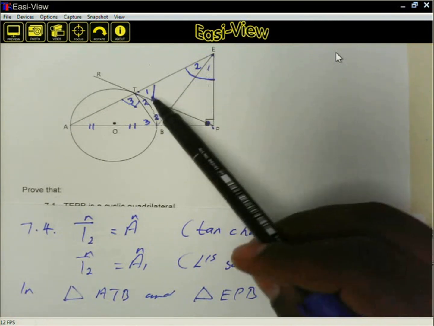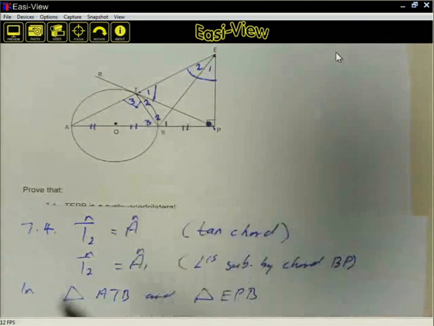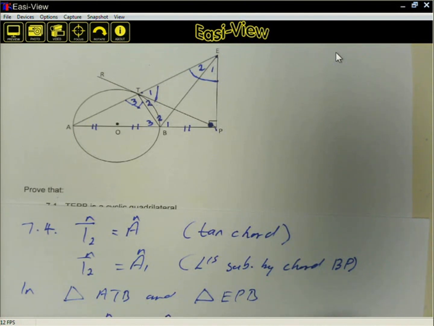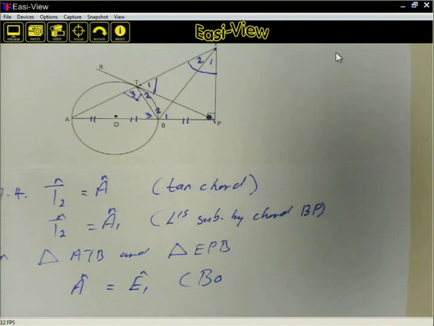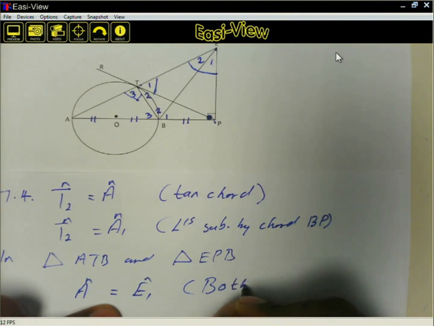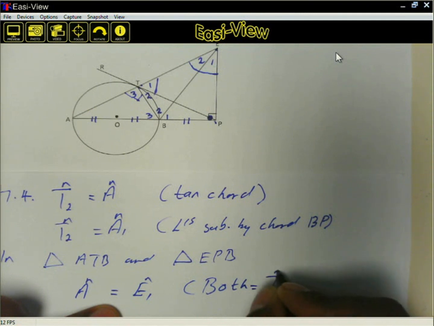T2 is equal to A, and T2 is equal to E1. So in the two triangles, angle A is equal to angle E1, both equal to angle T2.